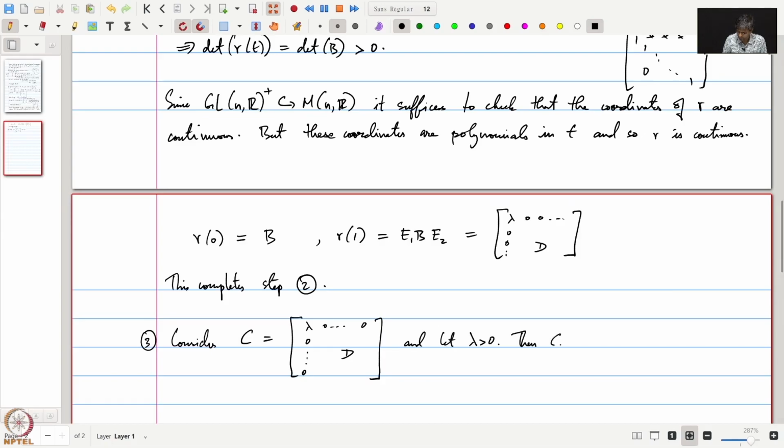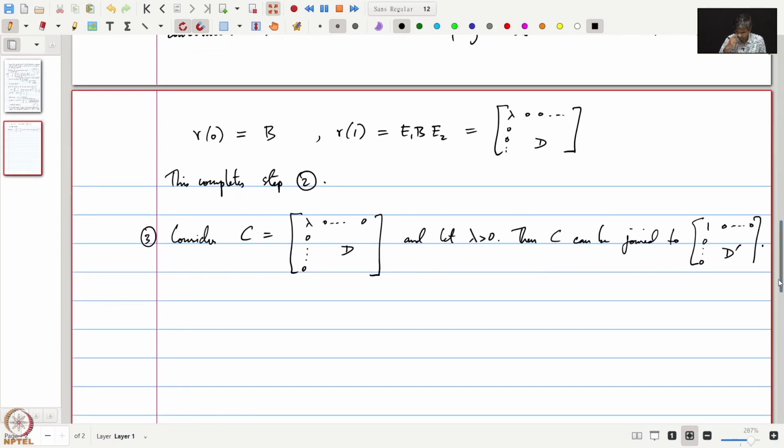Then C can be joined to a matrix with 1 and a matrix D prime. Obviously this is in G. So, we are starting with some matrix C in G of this type, then we can join it to some D prime like this, where D prime belongs to GL n minus 1 R plus.